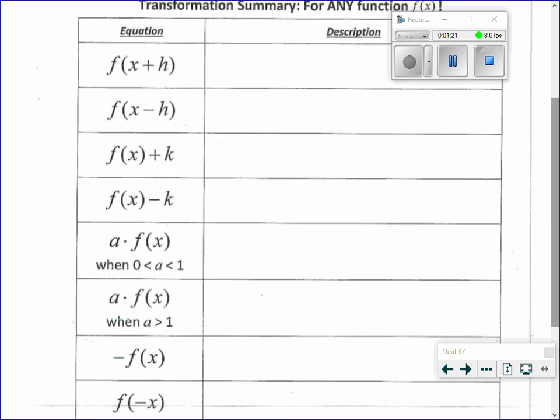So let's look at these two first, while you guys are filling in your notes. When you were adding a value, how did that shift your graph? It went up. So when you're adding outside of that parentheses, it's going to shift up, however many units. In this example, we're shifting up k units.